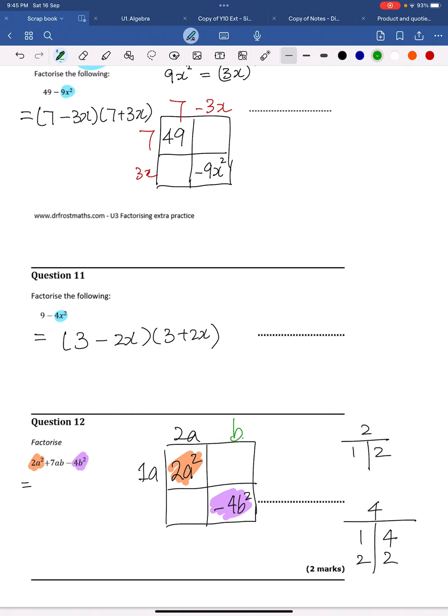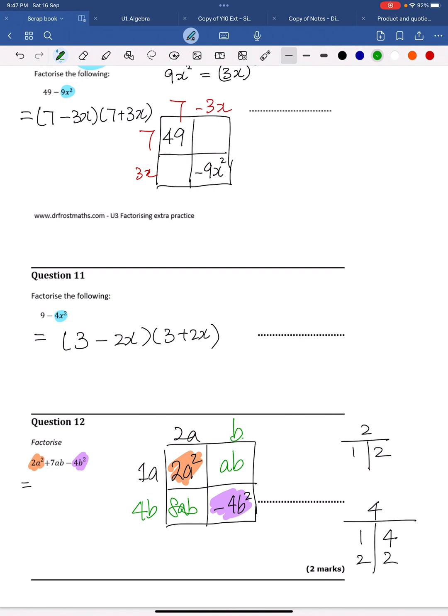You can then switch it around. What if I have b here and 4b? So here you will have 4b times 2a, that gives you 8ab. And then this one, you will have 1ab. Now, this is 8ab, this is ab.